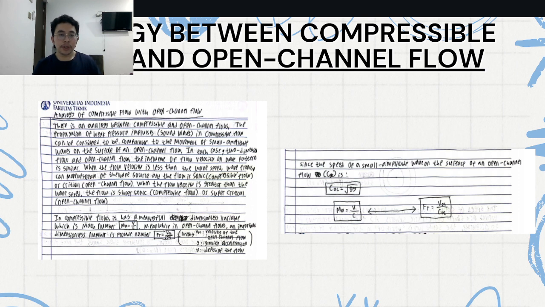In compressible flows, a meaningful dimensionless variable is the Mach number, where Ma equals V per C. Meanwhile, in open channel flows, an important dimensionless number is the Froude number, where Fr equals V_OC divided by the root of g times y.